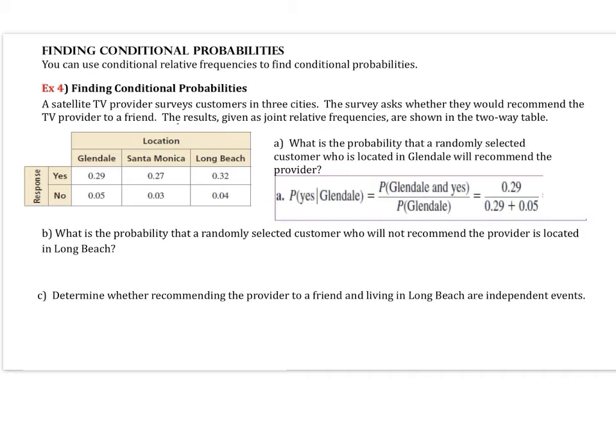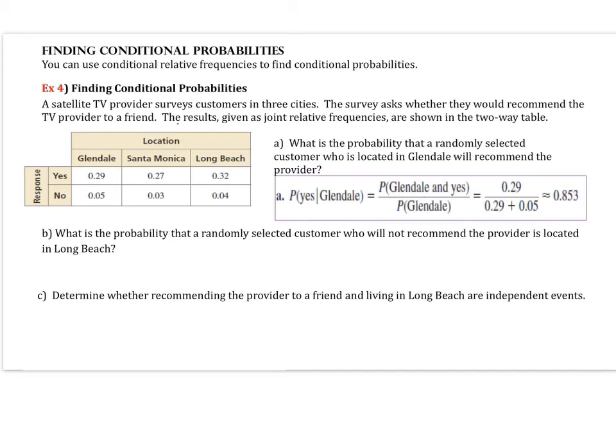So we take our two values, so decimal 29 is the yes Glendale. Find that value, there it is, decimal 29 is in the numerator. And then we want the probability that it's Glendale. Well, there's two values for Glendale. There's the decimal 29 and there's the no from Glendale, decimal 05. All of these totals need to be a part of the Glendale probability. So we figure that value out, and it comes out to be decimal 853.